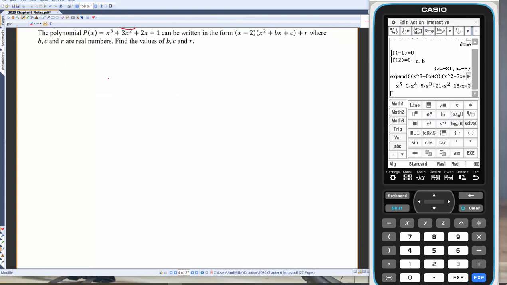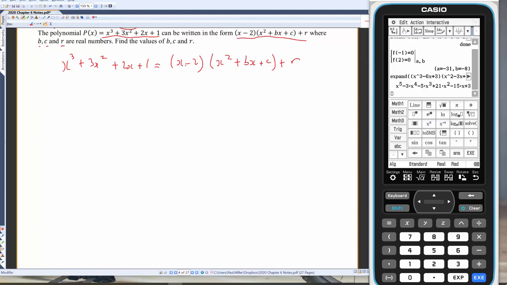All right, this says here that this polynomial can be written like this, where b, c, and r are real numbers. And what they want us to do is find those values. So for this one here, we're going to say that x cubed plus 3x squared plus 2x plus 1 is equal to, or can be written as, (x take 2)(x squared plus bx plus c) plus r.